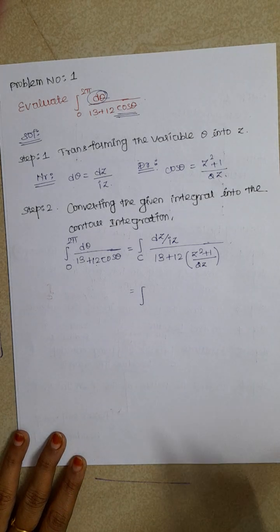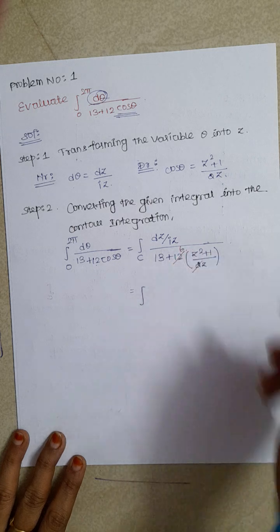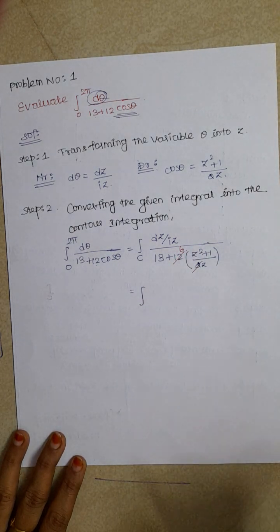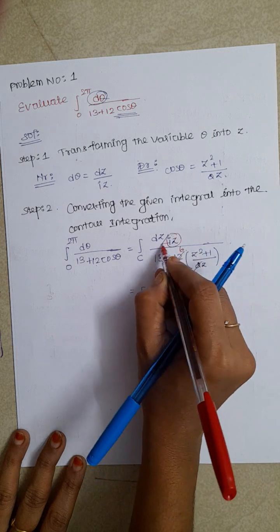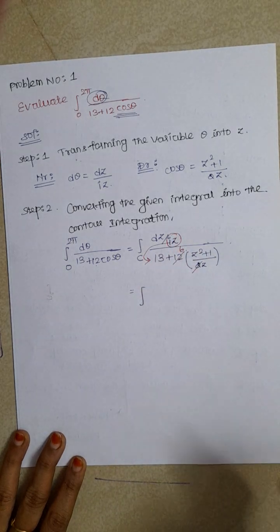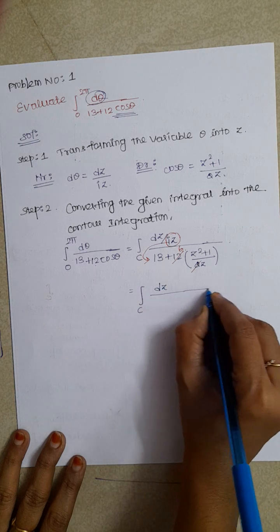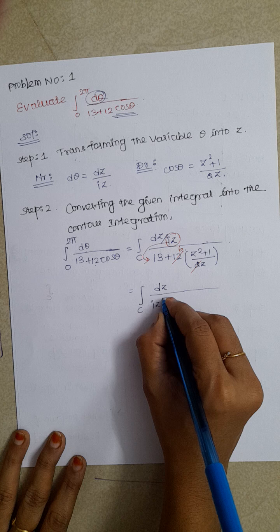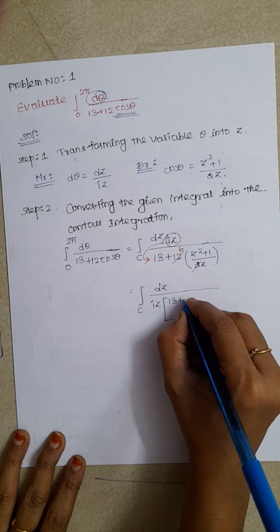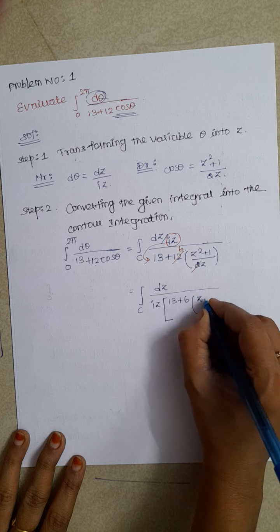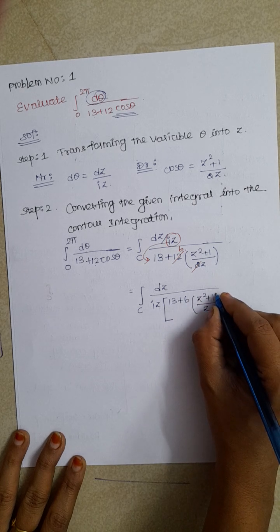So here 2 and 12 cancel, we get 6. Okay, here dz by iz is taken in the denominator. So you can write dz by iz into 13 plus 6 into z square plus 1 divided by z.